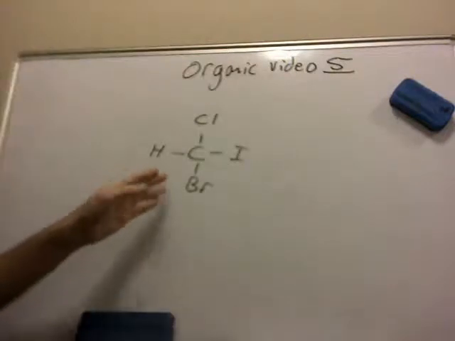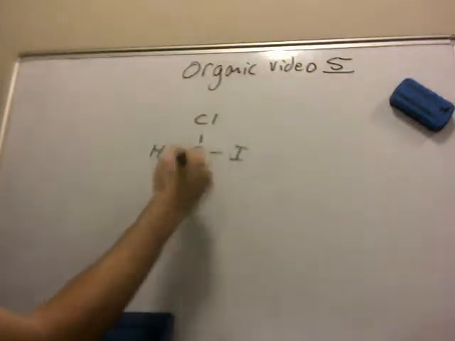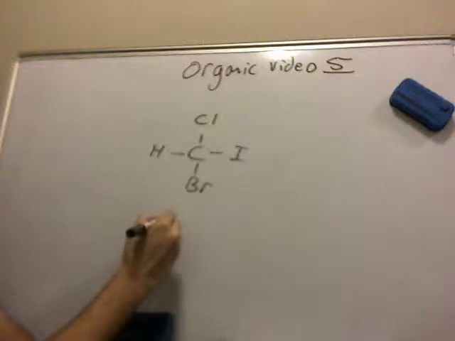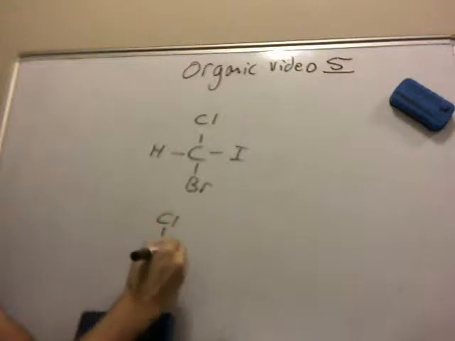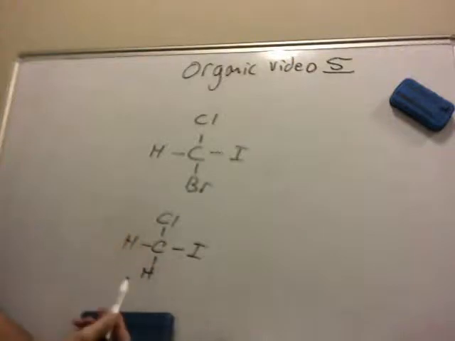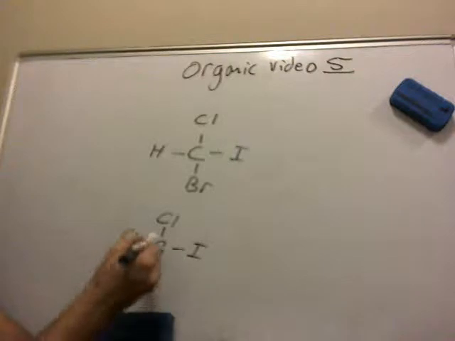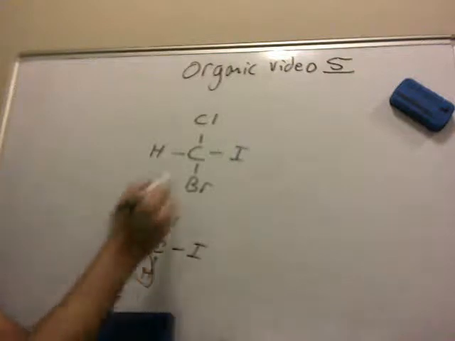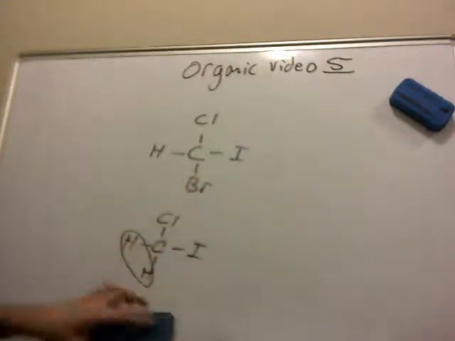Chiral just means that it has the possibility of an enantiomer. So any carbon with 4 different substituents is a chiral carbon. If I had this as a structure, this would not be a chiral carbon because I have 2 of the same substituents, and I cannot have an enantiomer unless all 4 substituents are different.